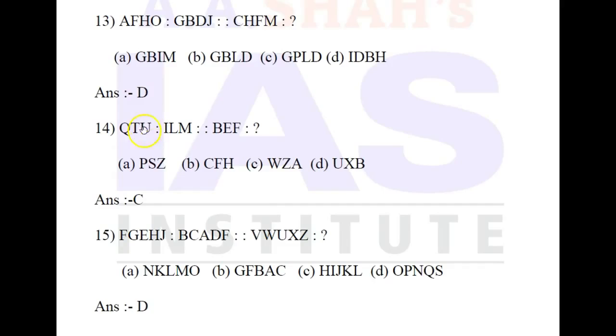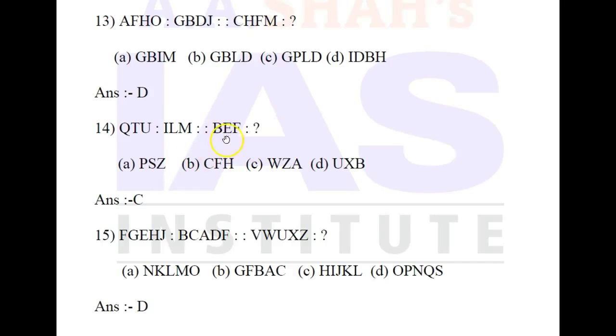14th question now. You have QTU is to ILM and BEF is to what? So now if you observe here, Q and T. Q plus 3 would be T and T plus 1 would be U. Same thing, ILM. I plus 3 would be L and L plus 1 would be M. Same thing now here it has to be done.